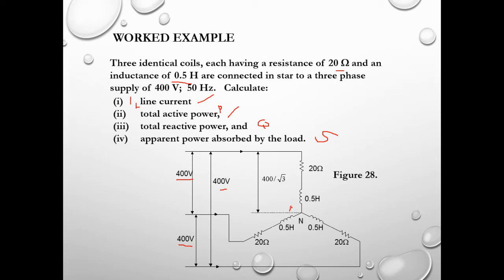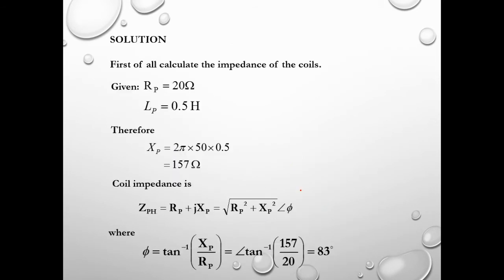We have, for example, here the N node or end point, and then let's say we have R over here, and this is obviously our VRN, which is equal to 400 over square root 3. This is the impedance value for each phase R, Y, and B, given by 20 ohms plus j omega L, with L equal to 0.5 H.